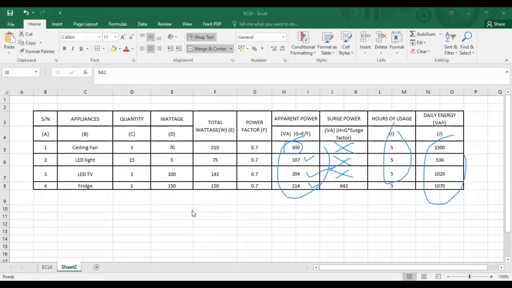So when they generate more reactive power, it affects the power factor, which is a ratio of the real power usage and the apparent power. So it's a ratio between the real power and the apparent power.